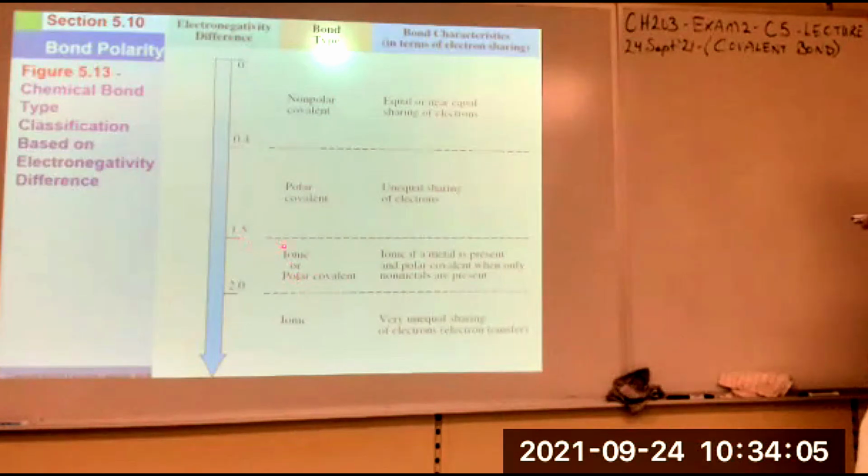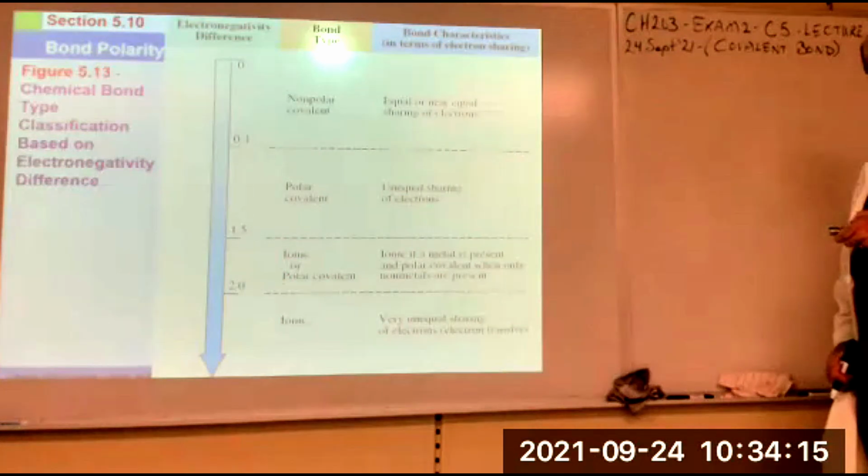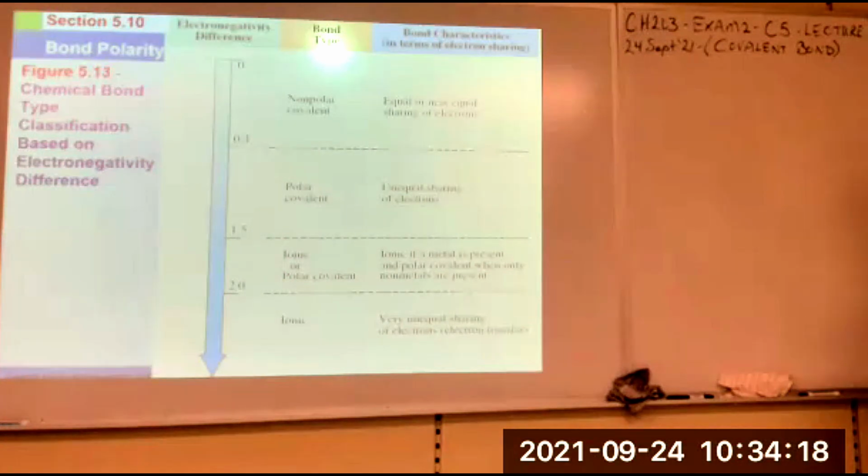If it's between 1.5 and 2, then we say it's kind of a gray area. It depends. It could be polar covalent, it could be ionic. And in that case, we look to see, is there a metal involved? If there's a metal involved, it's definitely ionic. If it's a nonmetal, we say we're still polar covalent.